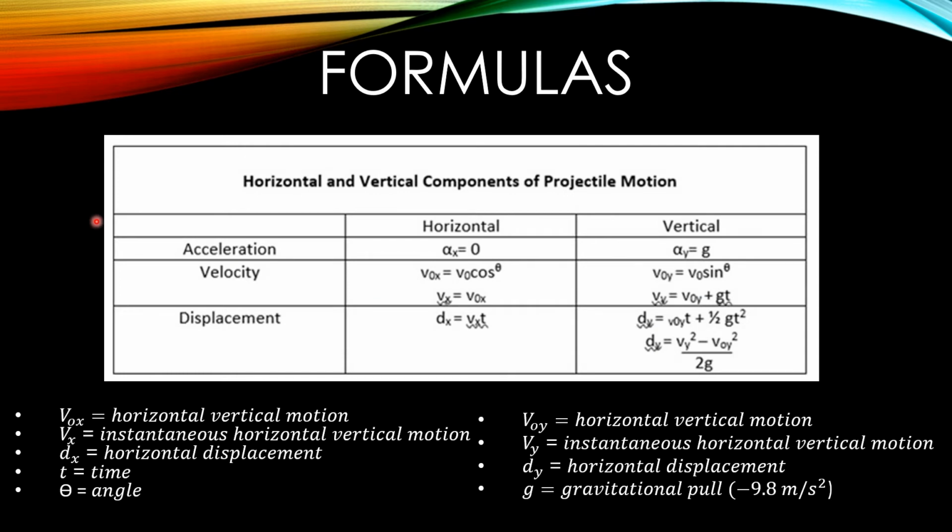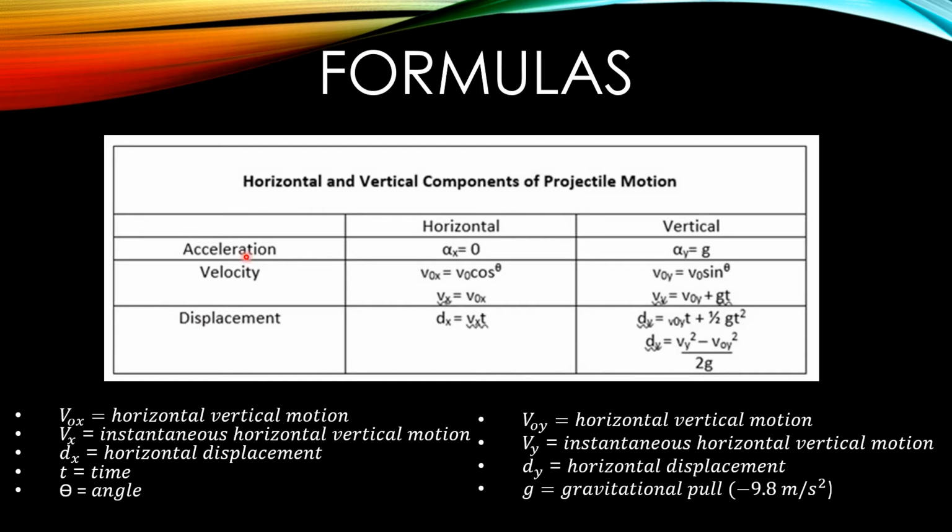As we said, the horizontal and vertical components are independent of each other, meaning to say we can express them using different equations. So we can break down the velocity, displacement, as well as the acceleration.